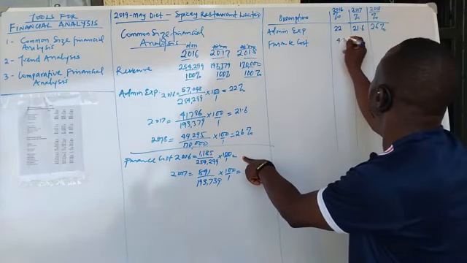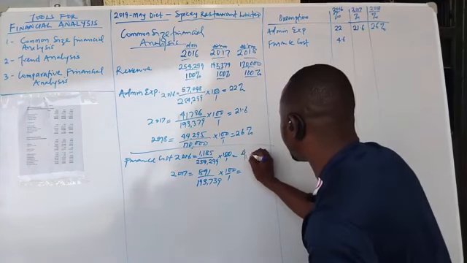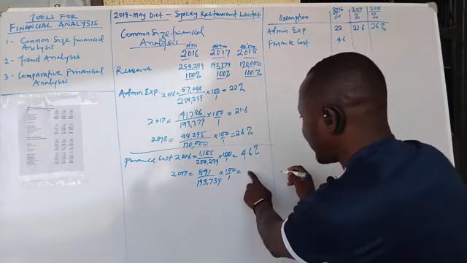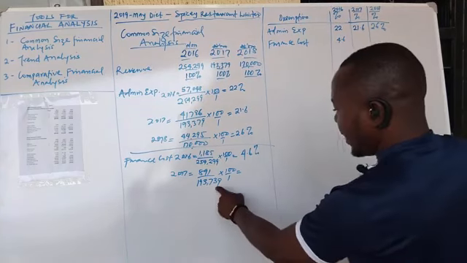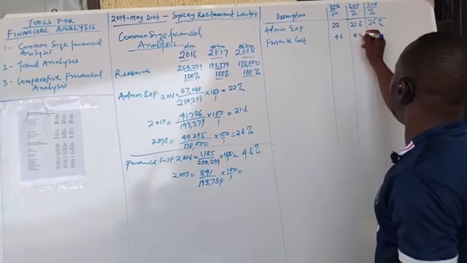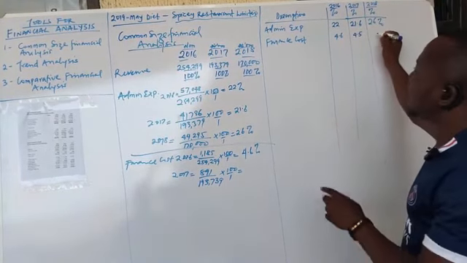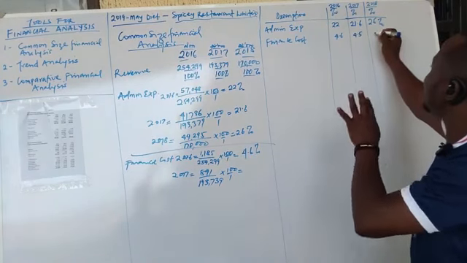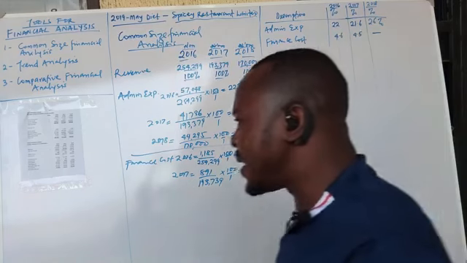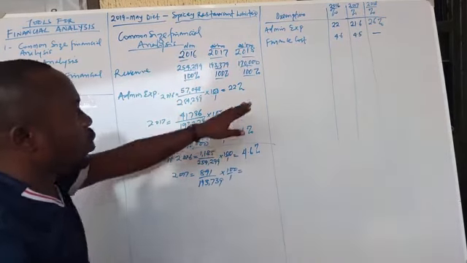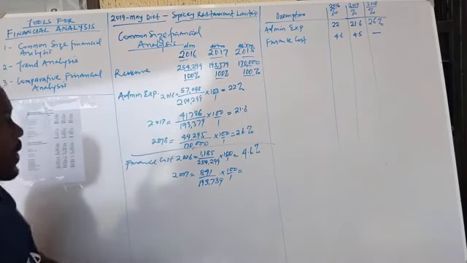That is 4.6%. All right, so that's 4.6%. Now, how about this? 891 divided by 193,739 gives 0.45. That is 4.5%. Now, if you check your case material, finance cost in 2018 was nil. So there is not going to be any percentage for you to get under 2018 for finance cost.